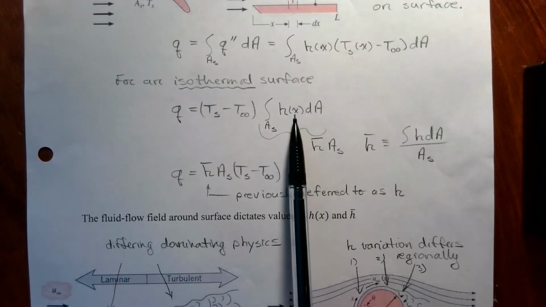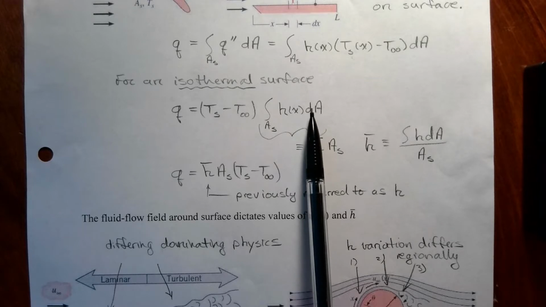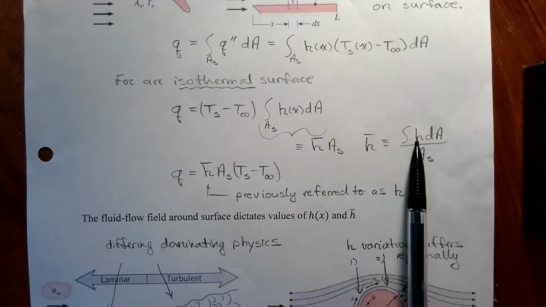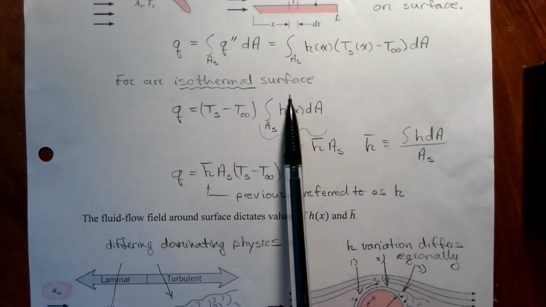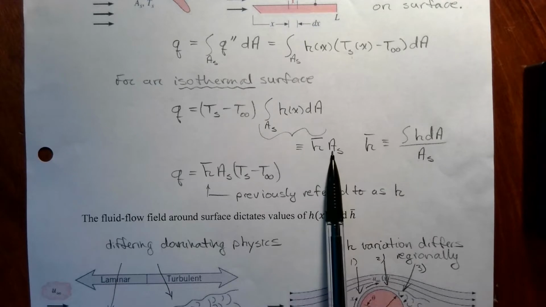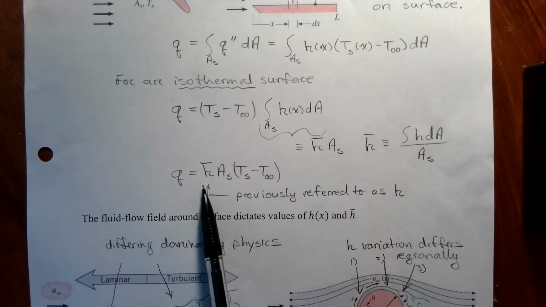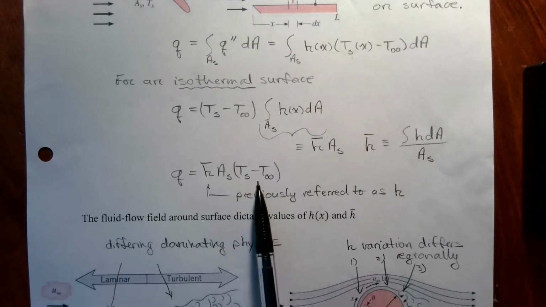Now if we define the average heat transfer coefficient, with the common definition of an average, H bar is equal to the integral of H over the area divided by the area. Then we can replace this integral expression with H bar times the area, which gives us q equals H bar times A times delta T. This is what we were introduced to as Newton's law of cooling in Chapter 1.